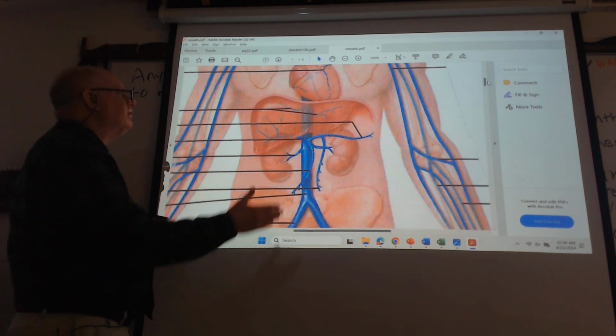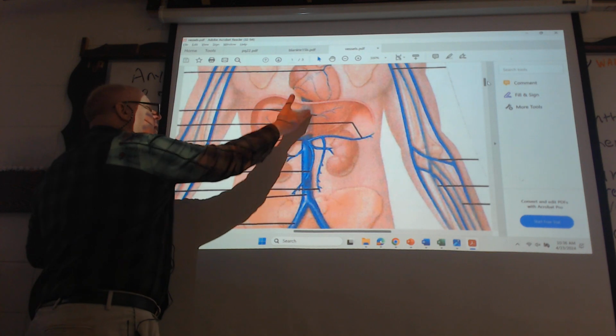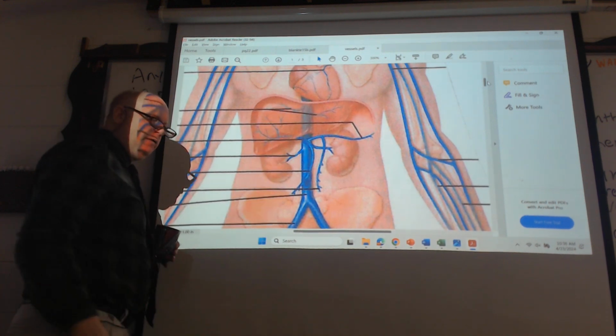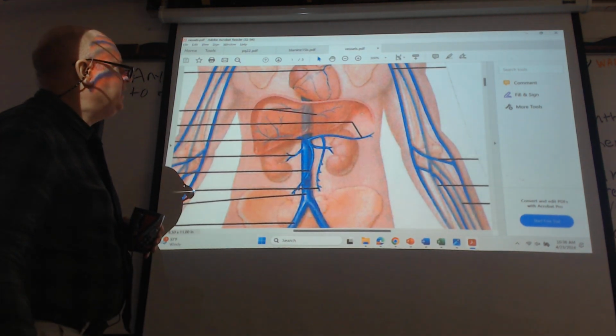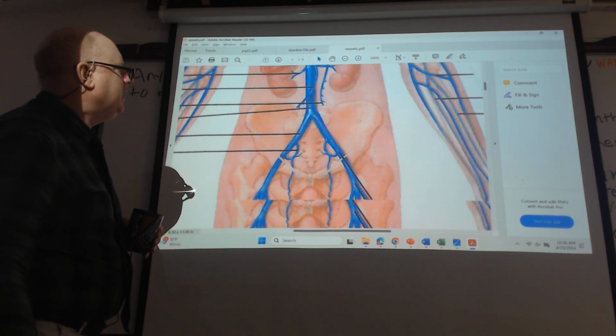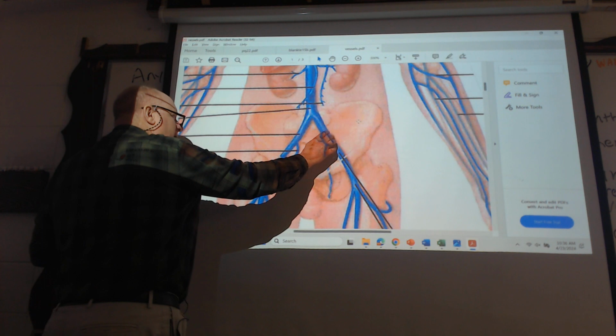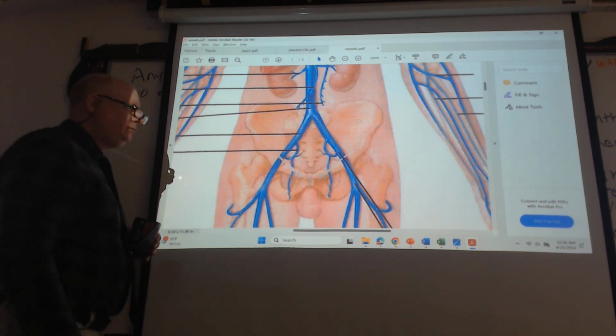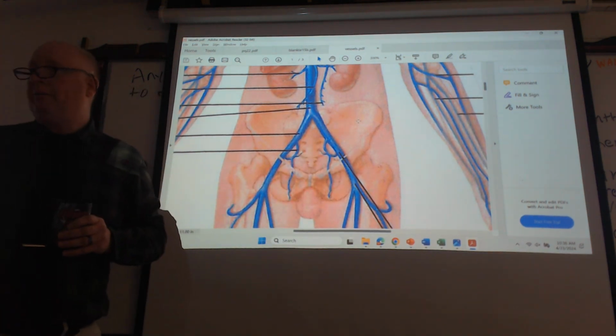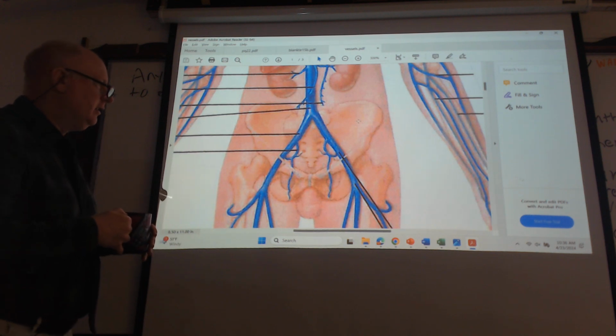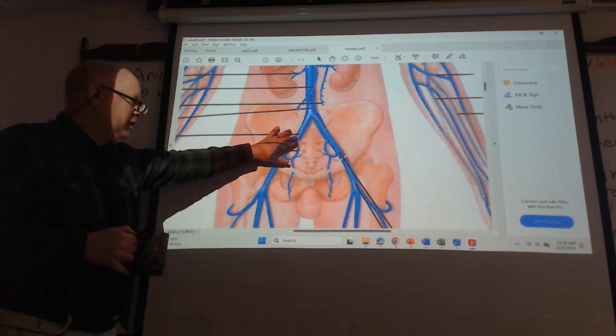So then this is under the heart, so this is still what? The inferior vena cava, and when it splits, this is coming from the left leg, so what vein would this be? Yes, the common iliac vein. Okay, left common iliac, the right common iliac.